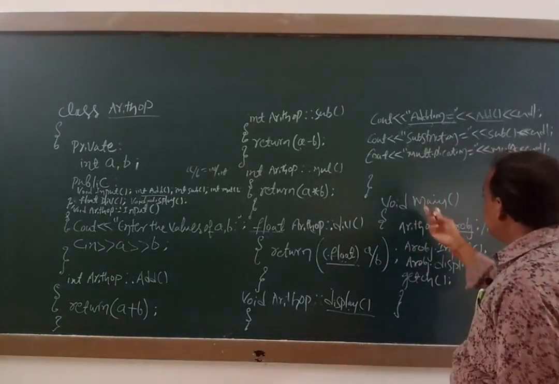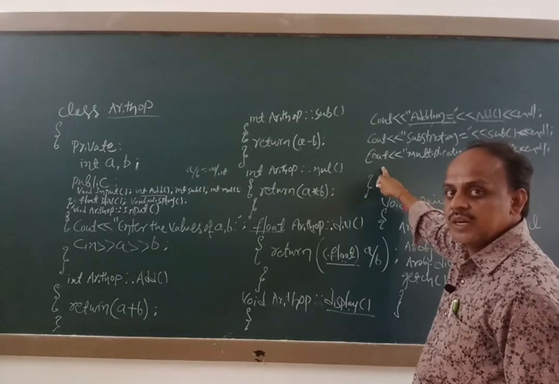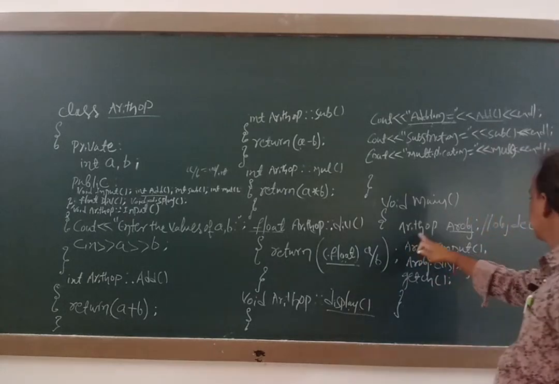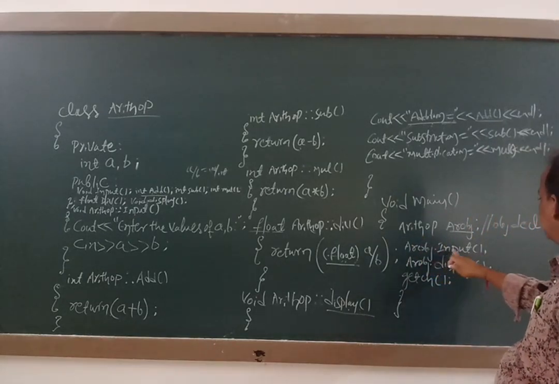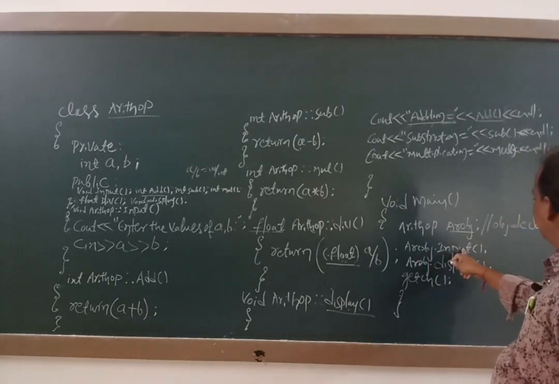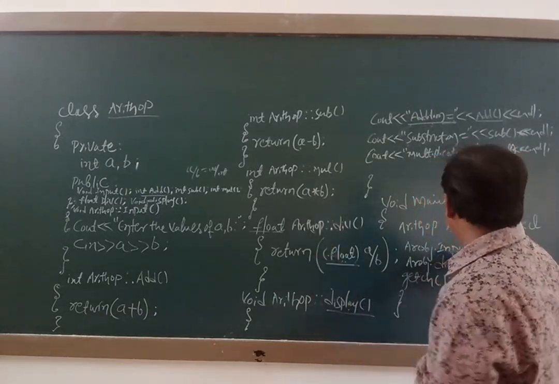Now in the main function I am going to write the division operation. Let us see what is changed. Void main function, cout, object declaration, object dot input function. Here, object dot input function means this input function is outside the class.